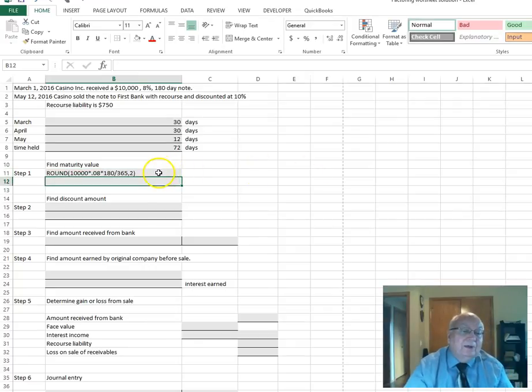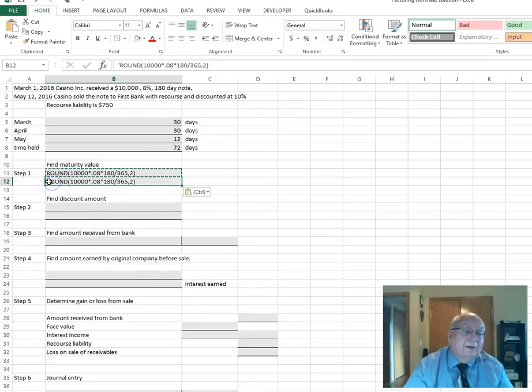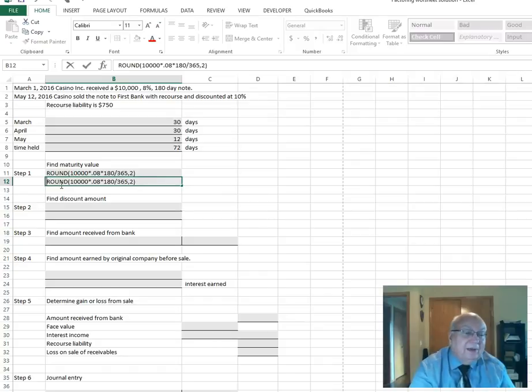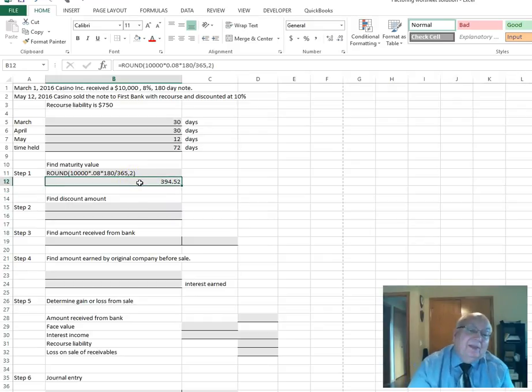So that'll be the formula. And what I can do then is just copy the formula down here and get rid of the parenthesis and equal sign, and it gives you 394.52.